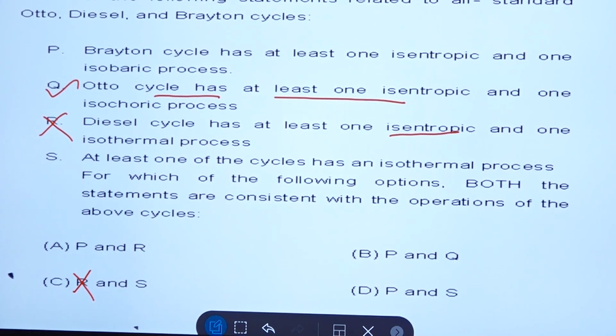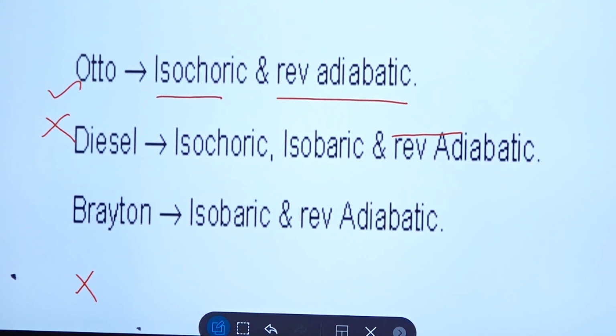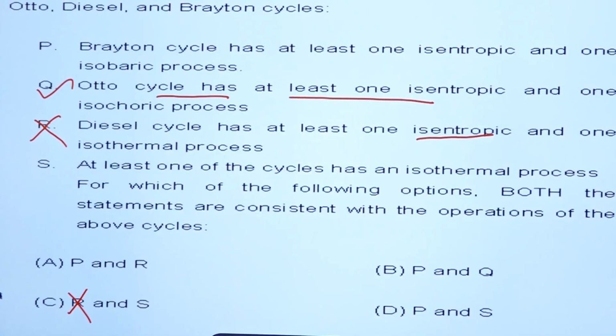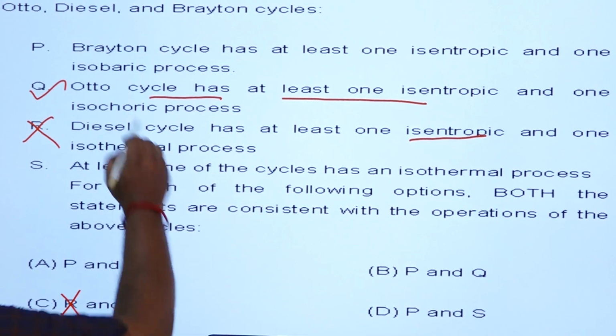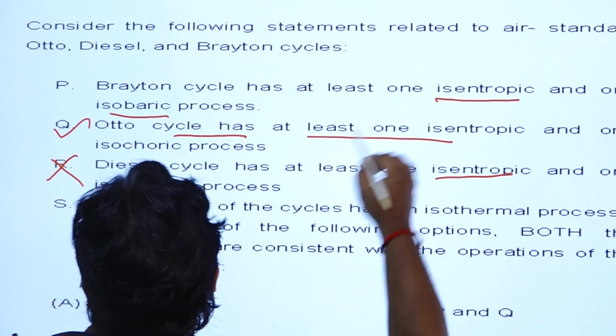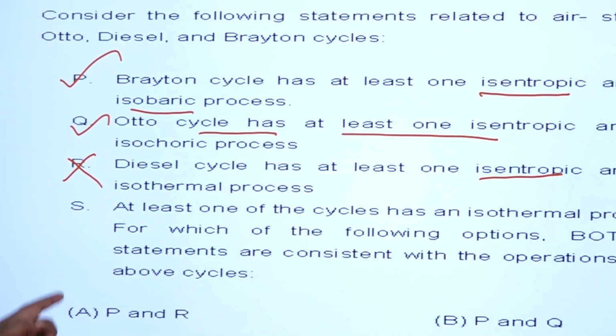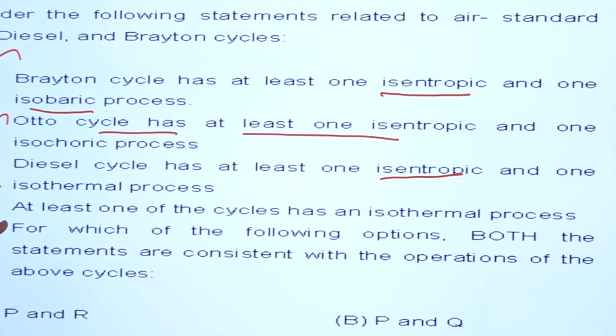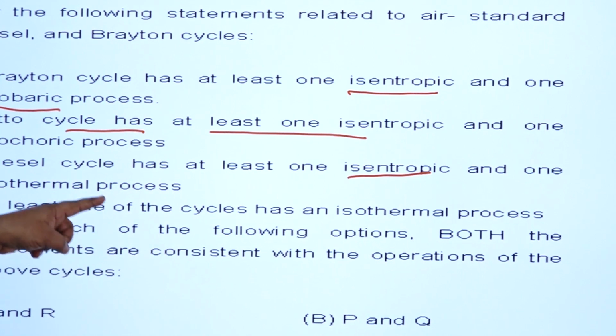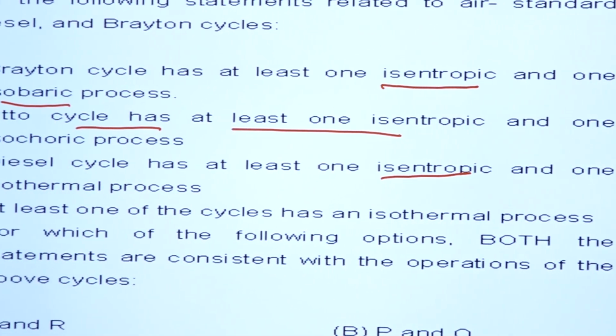And the next one is the Brayton cycle. It has isobaric and reversible adiabatic. Isobaric is there and reversible adiabatic is there. So it is right. On the third statement, at least one of the above cycles has an isothermal process. Is it right?